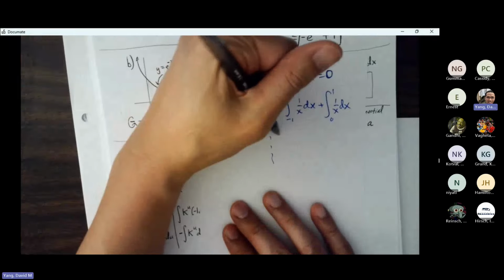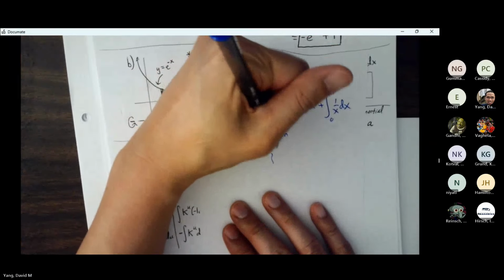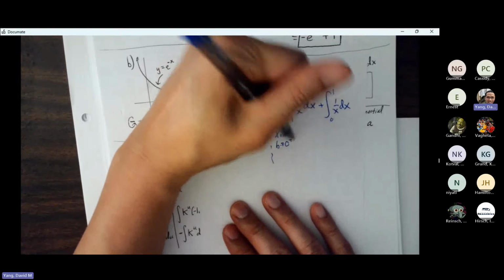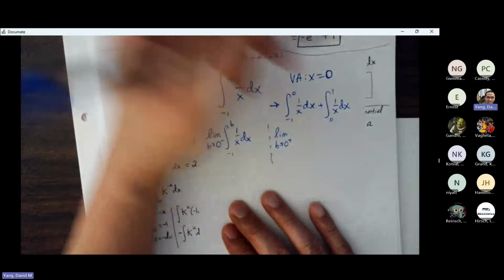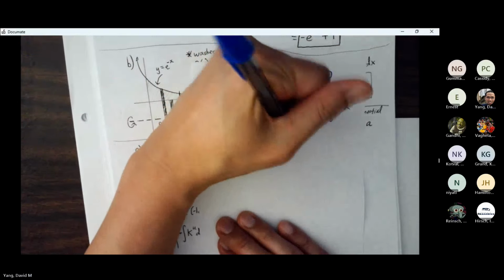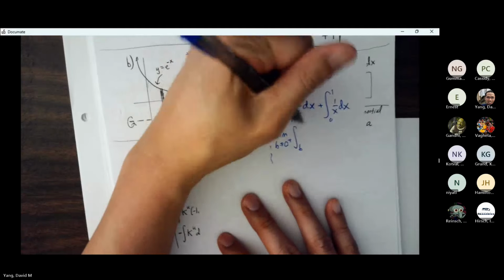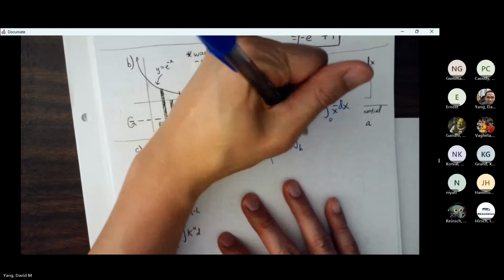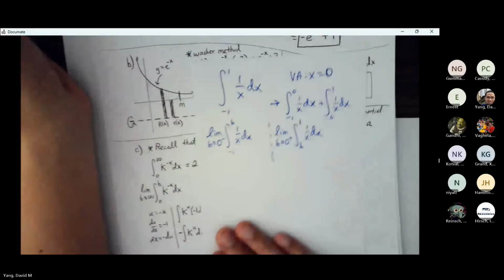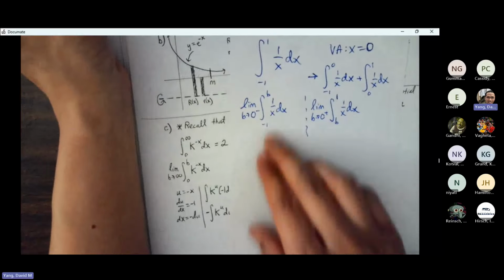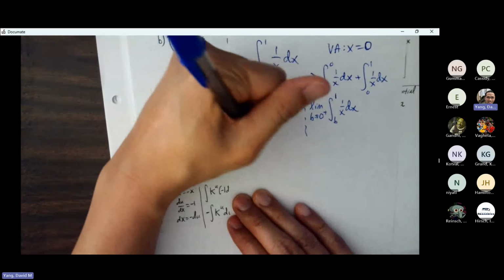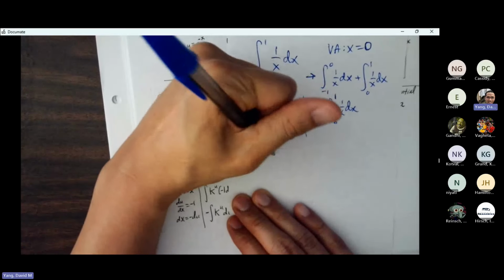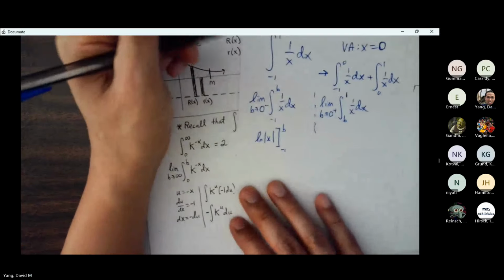And then separately, approaching 0 from the right side of 0, because this is on the right side of our asymptote. Okay, so we'll go through our process separately here. We know this is going to be the natural log of the absolute value of x, evaluated between -1 and b.